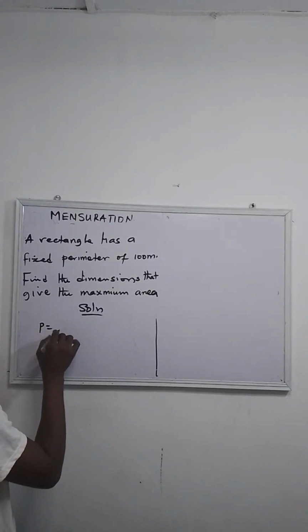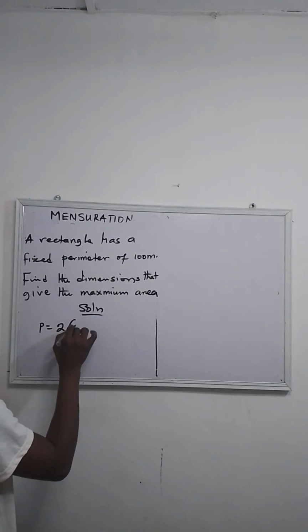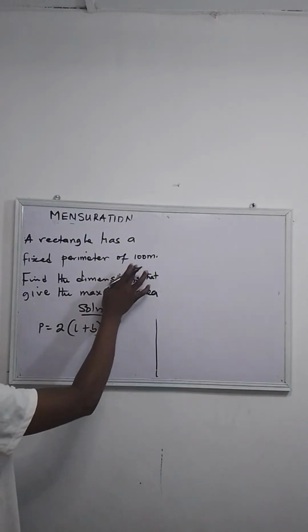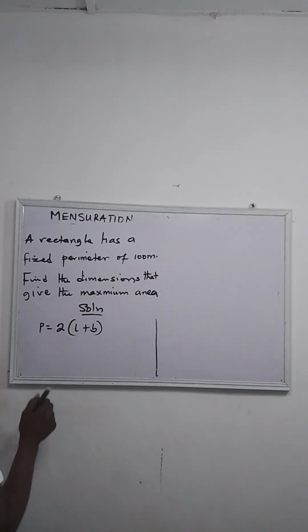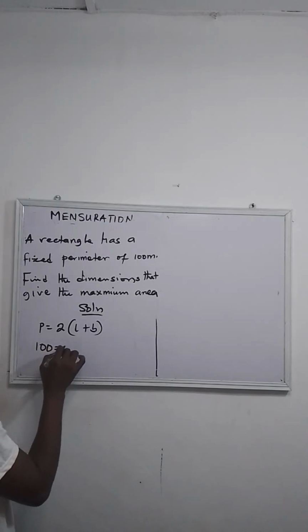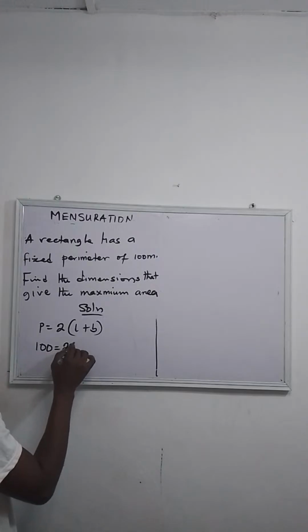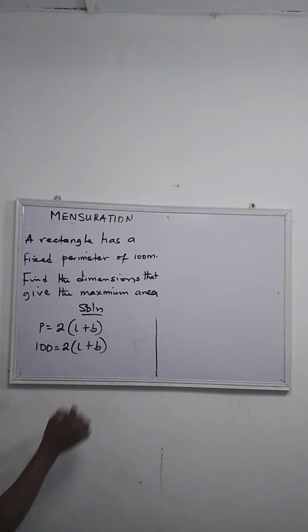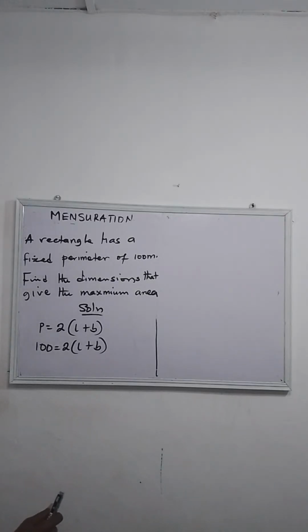P equals 2 times the length plus the breadth. And the perimeter has been given to be 100, equals 2 times L plus B. Okay, so now you can divide both sides by 2.